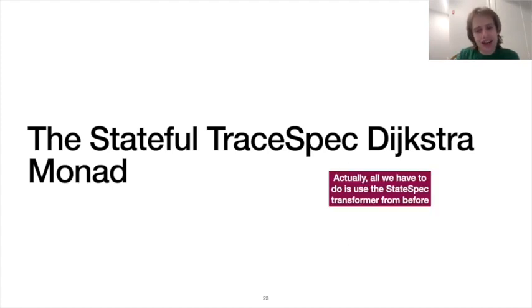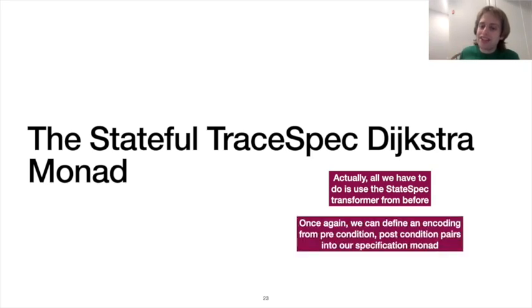And actually, we already have it, because much like the state monad can be very easily lifted to the state monad transformer, the state spec specification monad can be lifted to the state spec specification monad transformer. Then we can just apply it to trace spec, and then we have what we need.